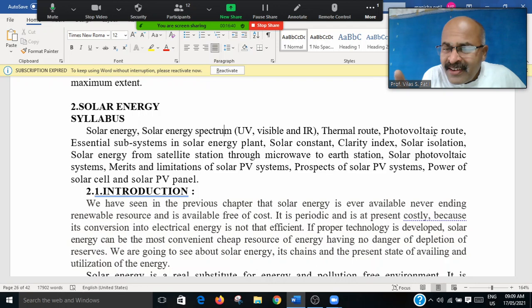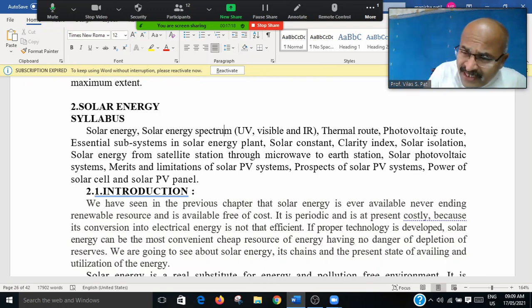In summer season, we get a numerous amount of solar radiation. In rainy season, the sky is cloudy and we do not get proper sun radiation. In cold season, we get the sun radiation, but the temperature on the earth surface is very low, and due to that the intensity of the radiation is not proper at the earth surface.